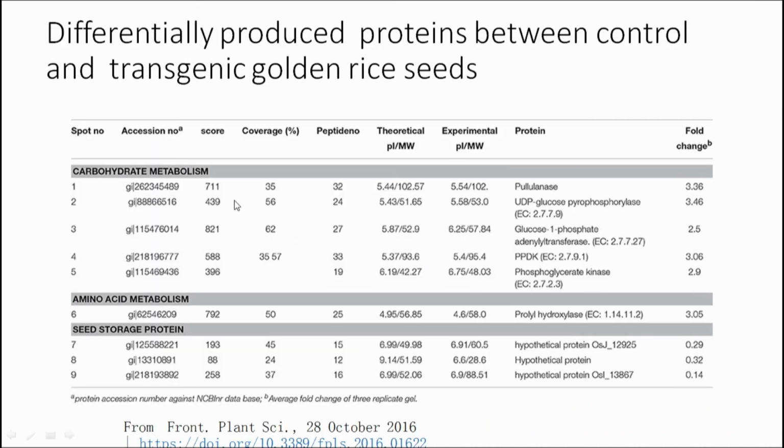Now, for example, there were proteins related to carbohydrate metabolism, enzymes like pullulanases, they are produced 3.3-fold more in the transgenic crop, or UDP glucose pyrophosphorylase is produced 3.46-fold more in the transgenic crop. Okay. So, you really do not stop your experiments at development of a crop, but you can also examine the crop, the physiology and what kind of new proteins that it is making, and so on and so forth.